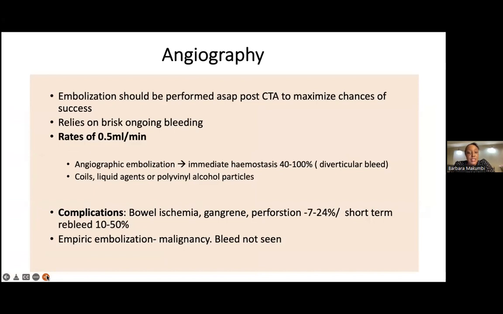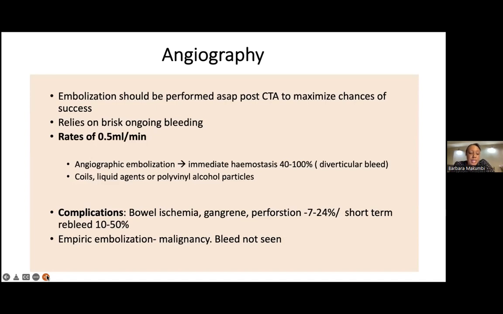You can get immediate hemostasis, in 40 to 100% of diverticular bleeds. However, there are side effects and complications. You can get bowel ischemia, perforation, in 7 to 24% of patients. And in the short term, rebleed is in 10 to 50% of patients.